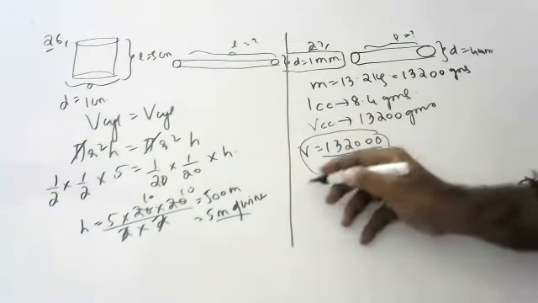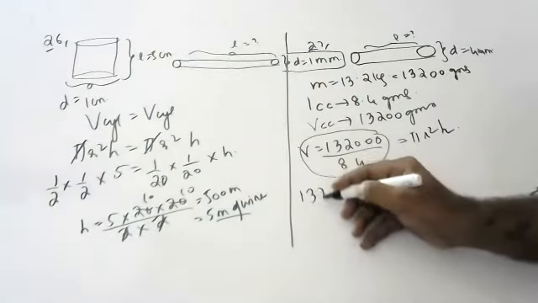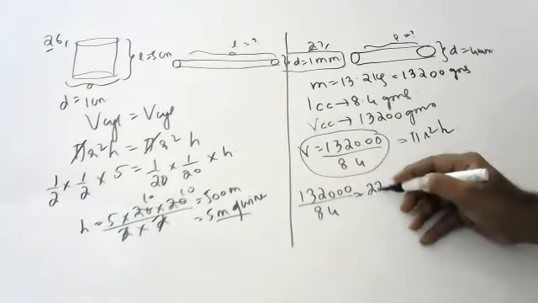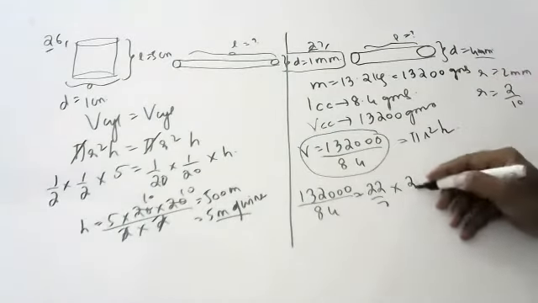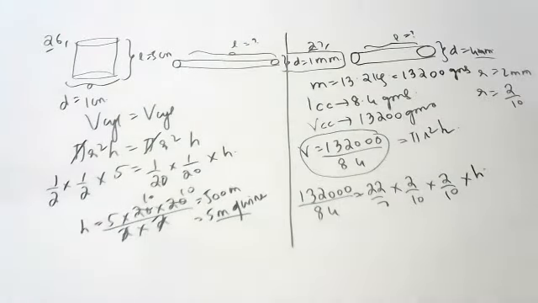How will you find it out? Volume is equal to pi r square h. So 132,000 by 84 is equal to 22 by 7 into r square h. The radius is 2 mm. 2 mm means how many centimeters? 2 by 10 centimeters. 2 by 10 into 2 by 10 into h, you should find out.